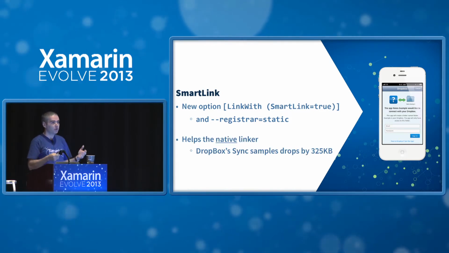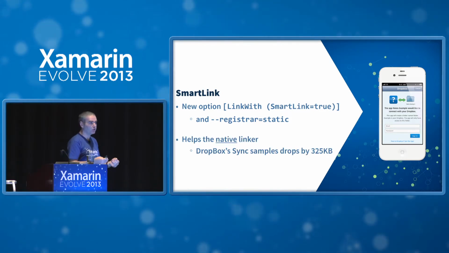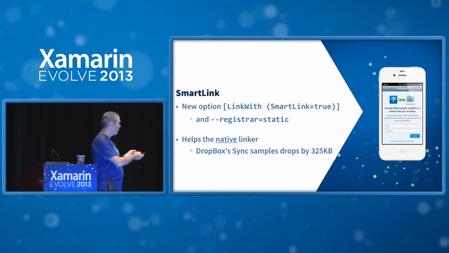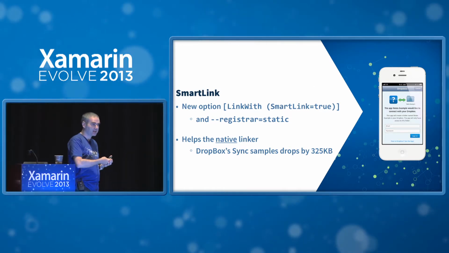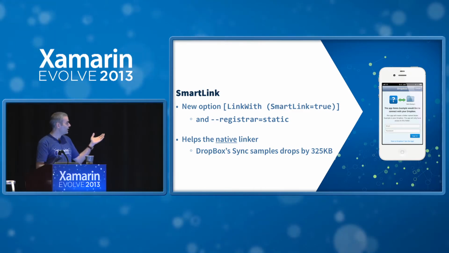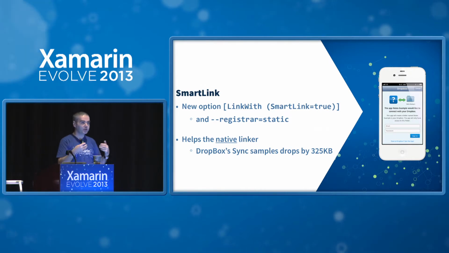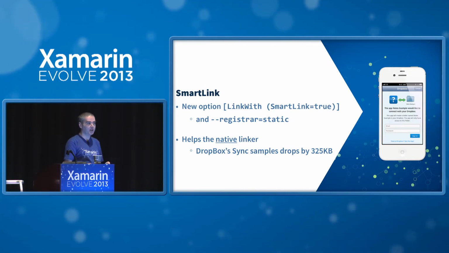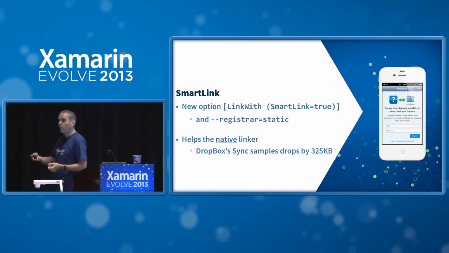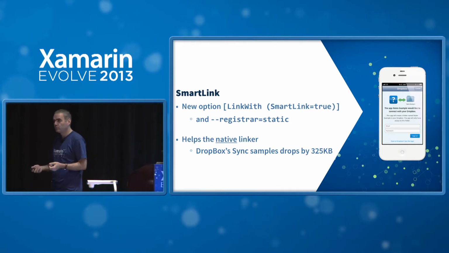When doing so, you help the native linker to eliminate native code from the library you're linking against. So samples like Dropbox Sync will drop by more than 300 kilobytes when using Smart Link. Other samples have reductions from 250 to 400 kilobytes of code.